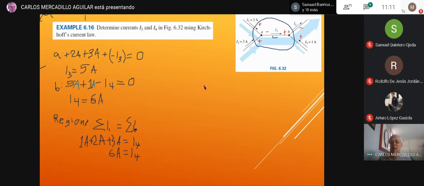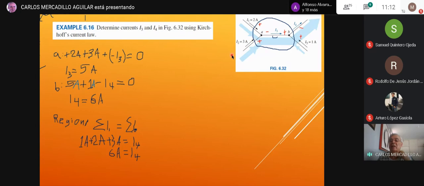Now, let's analyze. Remember, in the beginning, we said that we can analyze a node or a region. In this case, I have drawn this arbitrary frontier, and we can analyze what comes in and what goes out.